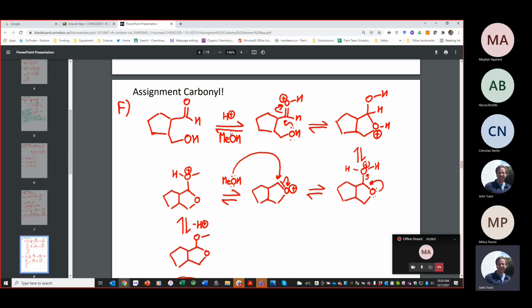Because I'm sitting in methanol. I've replaced a water with a methanol, and that's a good trade when my solvent is methanol. If I took this out and stuck it into water under the same conditions, I would go back to stopping here, just taking off the hydrogen, having the alcohol, the OH. But it's because I am in methanol that the methanol is going to drive out all the water.